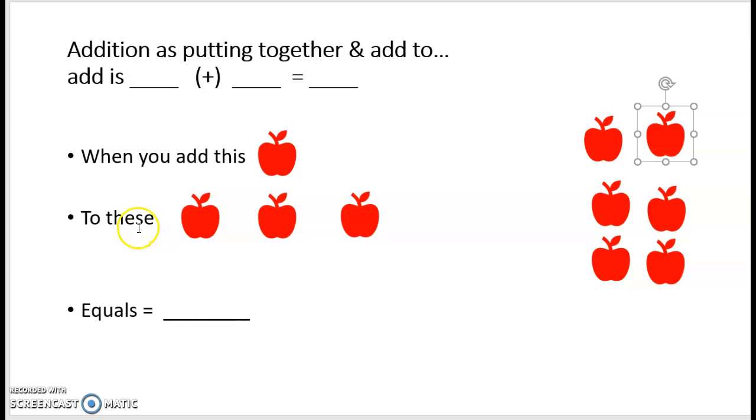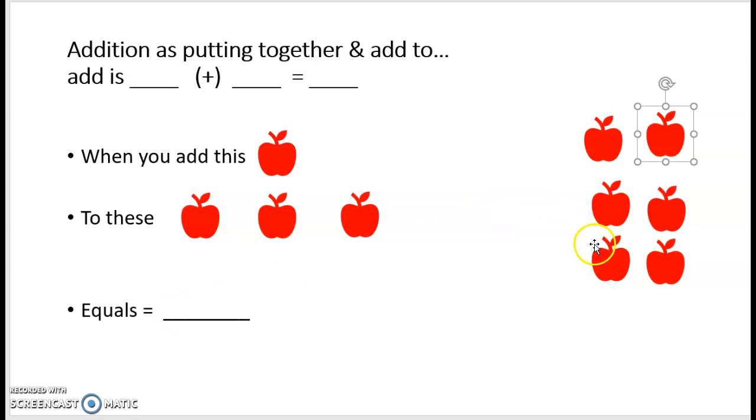Now my second sentence is, when you add one apple to these apples, they would have to count them: 1, 2, 3. So they were getting a concept already, one at the top, and you add to these 3 apples, and my third sentence equals.